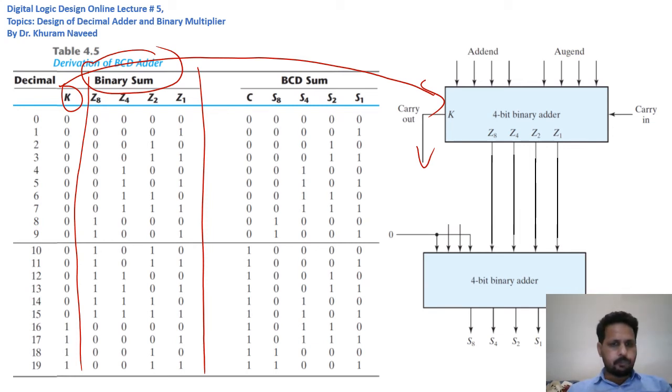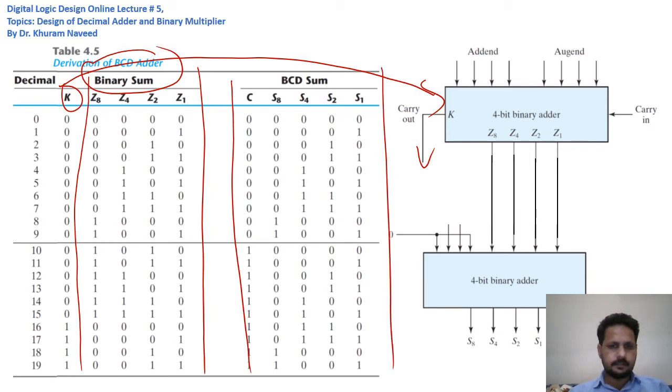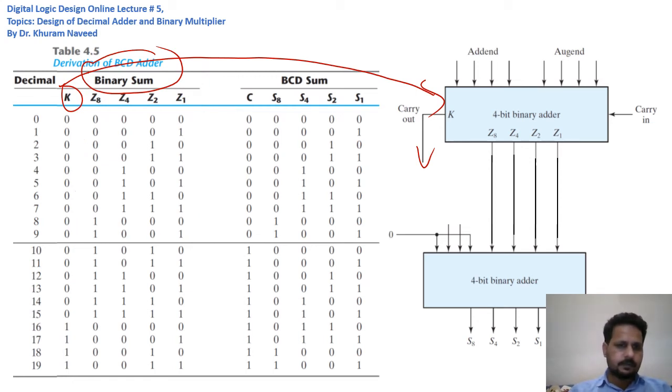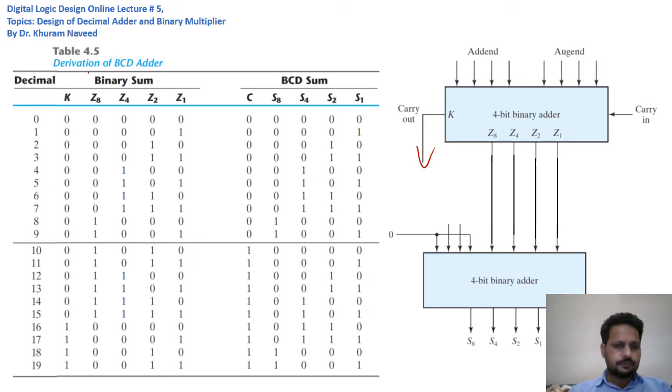And this is the corresponding BCD sum, right? For the upper part of this table, the BCD and the binary look the same, so here we do not need to change anything.